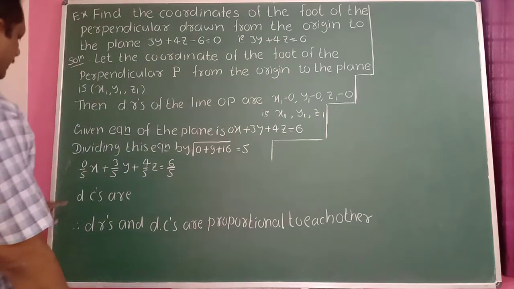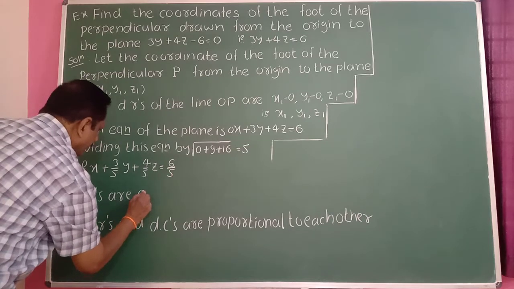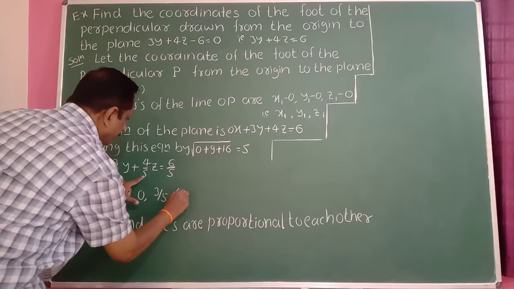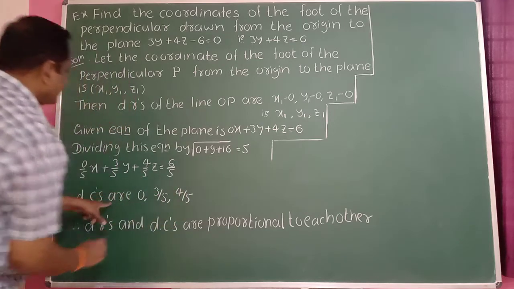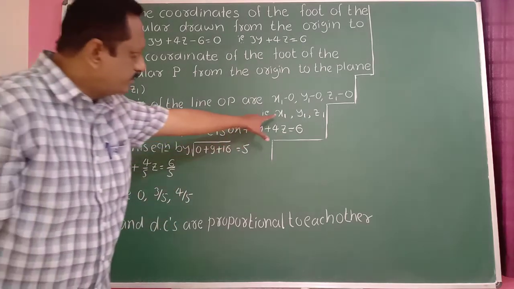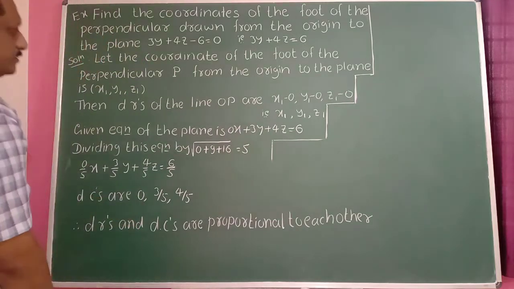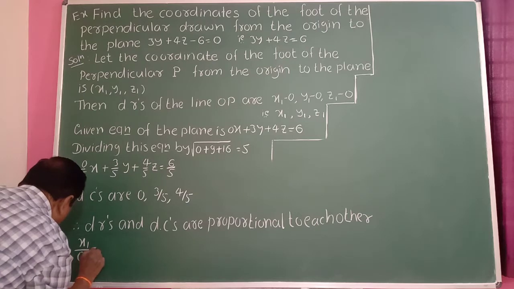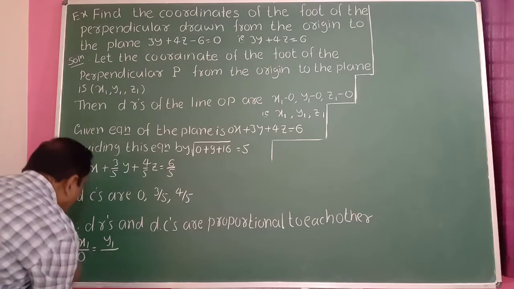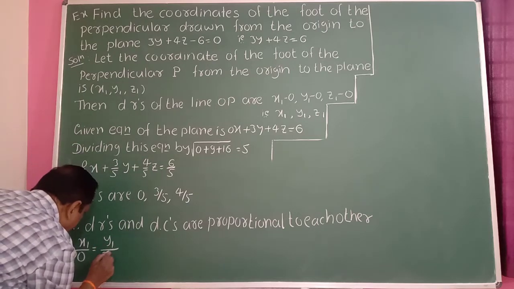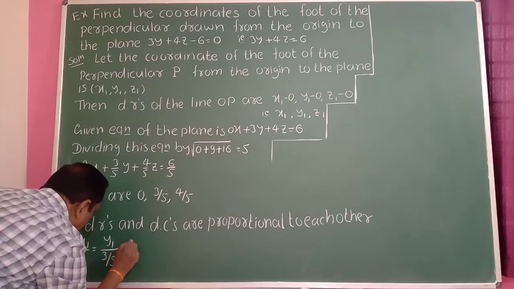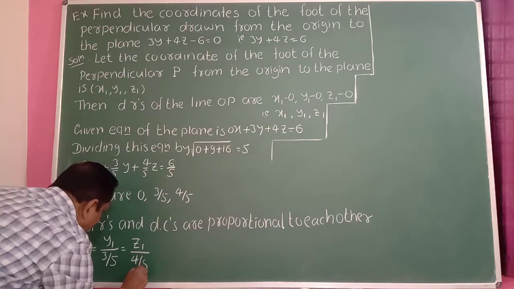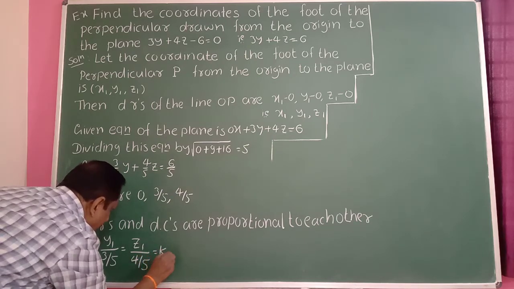As the direction cosines are 0, 3 divided by 5 and 4 divided by 5. These are direction cosines here. Direction ratios and the direction cosines are proportional to each other. As x1 divided by 0 is equal to y1 divided by 3 upon 5 is equal to z1 divided by 4 upon 5 is equal to some constant k.